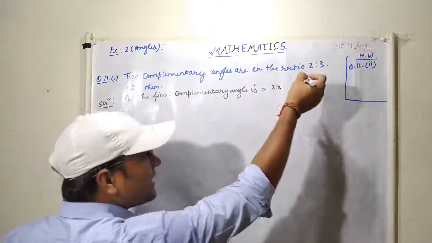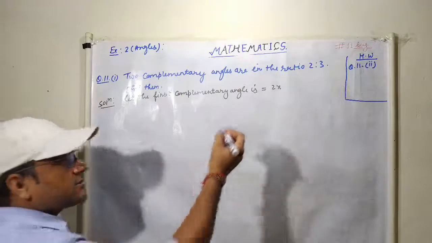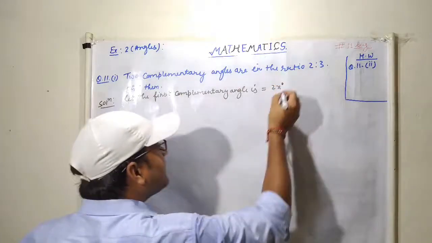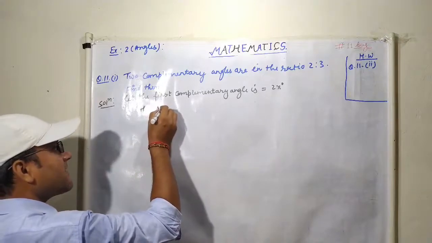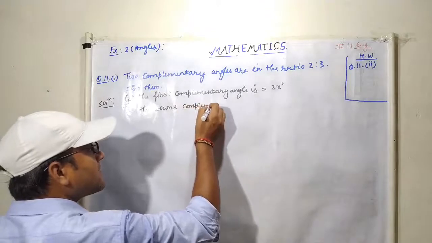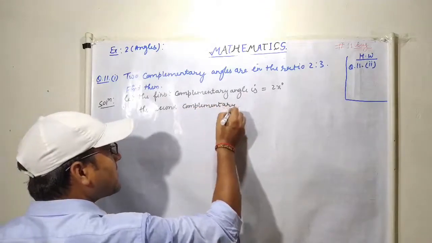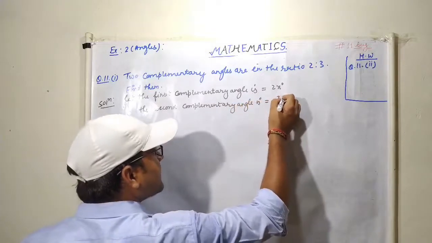We suppose this: if it is given in a ratio, we suppose it as an unknown quantity in x, 2x degree, and the second complementary angle is 3x degree.